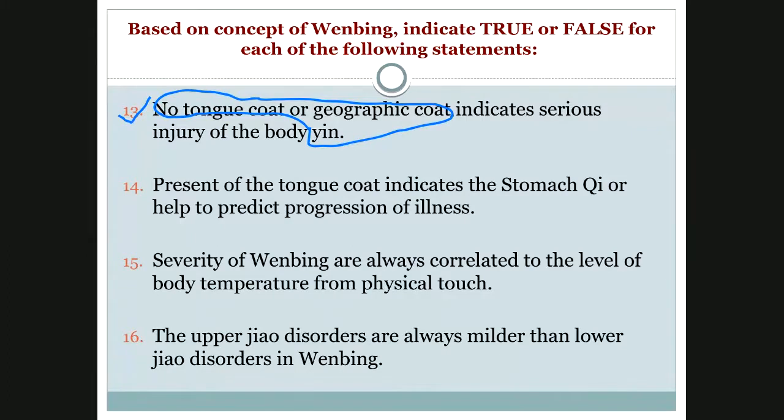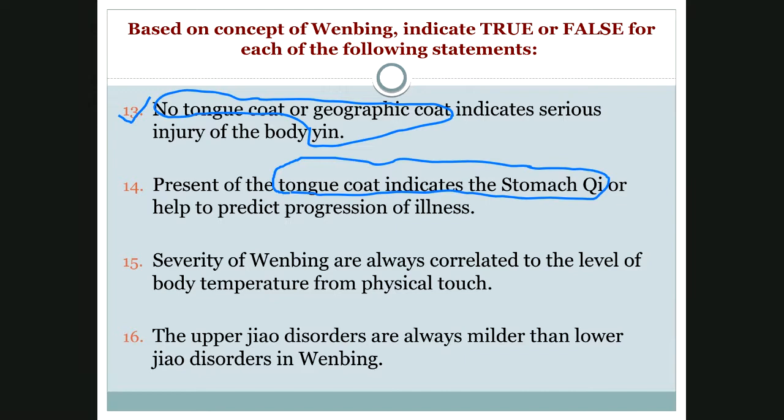Number 14. Presence of the tongue coat indicates the stomach's qi, or helps to predict progression of illness. Tongue coating is a very important sign to indicate whether you have stomach qi or not. If you see very, very old people in a nursing home who have no tongue coat at all, usually it correlates with suffering of no appetite.